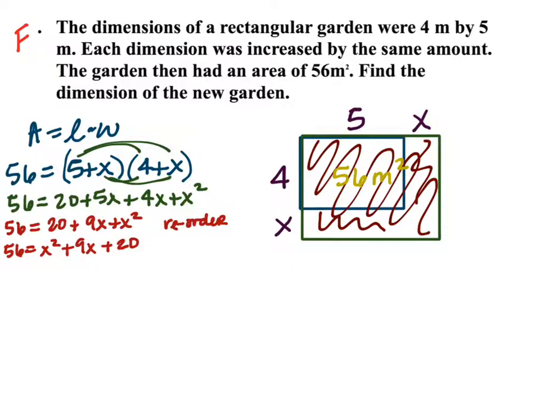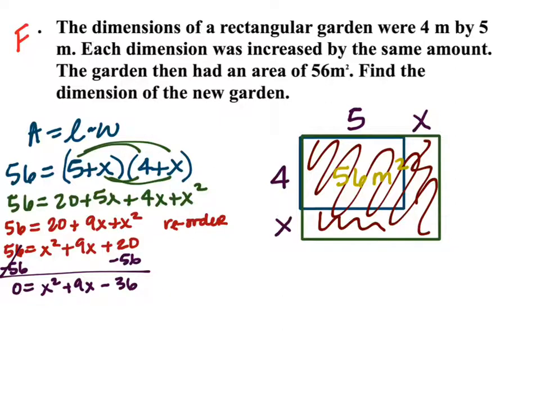I'm going to subtract 56 from both sides so I can use the zero product property, which is always fun. And here I do have a like term that I can combine. So this gives me 0 is equal to x squared plus 9x minus 36. Now when I go through the process of factoring, there is not a GCF.